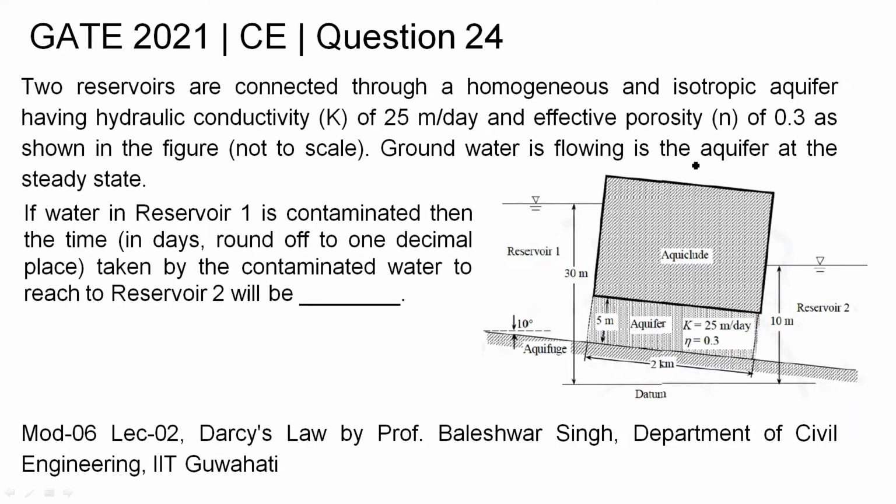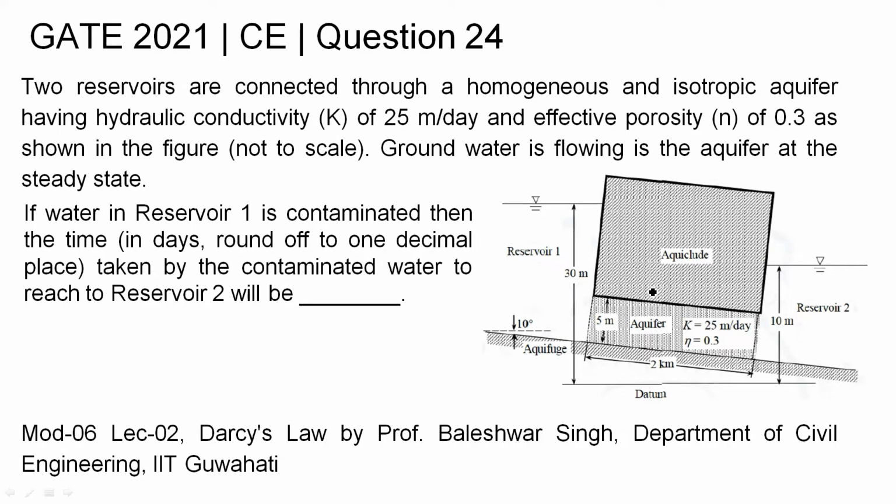Groundwater is flowing in the aquifer at steady state. Now, if water in reservoir 1 is contaminated, then the time taken by the contaminated water to reach reservoir 2 will be. So, first of all, understand the question.